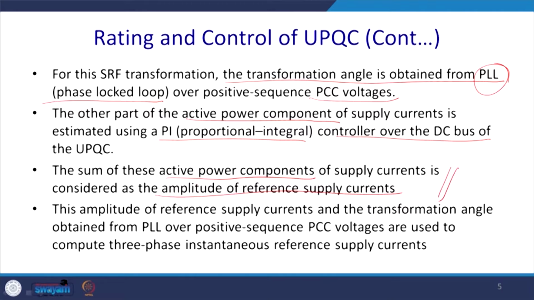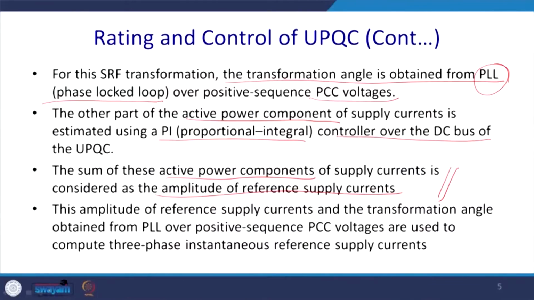So, there are losses, there is the load current, and to maintain the DC bus voltage a little higher than the rectified voltage, you require some amount of extra power. All of that requires to be fed from the source. For this reason, the sum of these active power components of the supply current is considered as the amplitude of the reference supply current.